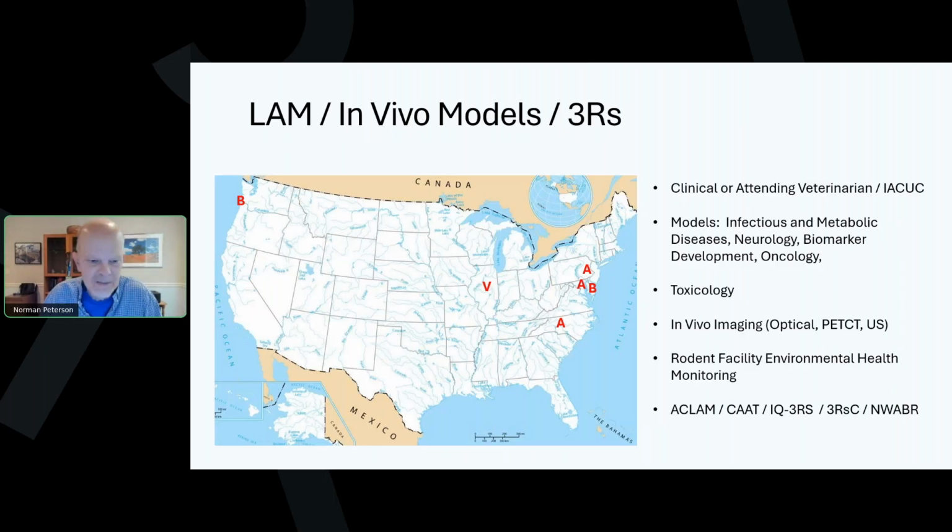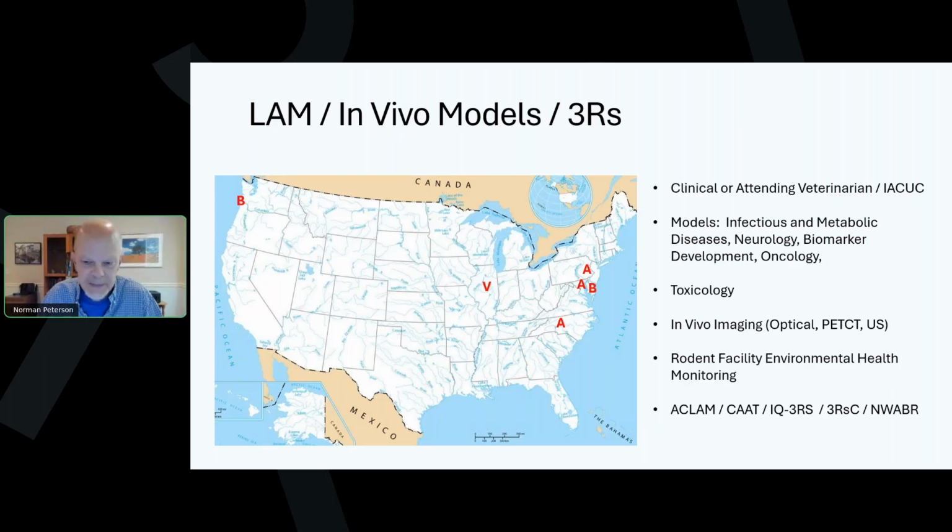So to start off with, Tom went over this in the introduction, and this is kind of all the places where I've been. The V is my veterinary school, A is academic institutions, my early career, and B is biotech pharma, and most recently I'm up in the upper left for the last 5 years, enjoying the Pacific Northwest. I've been a clinical or attending veterinarian at each of these places. And I've worked with developing several different animal models.